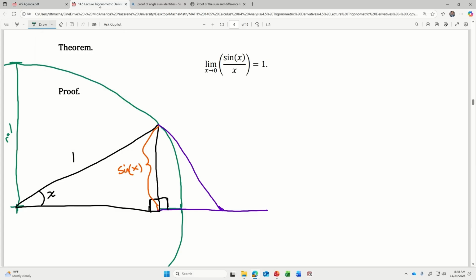Now, since this is a circle with radius 1, and I'm taking a little arc length out of the circle, right here in green, if x is an angle in radians, and radians, if you didn't know, is just by definition how many radiuses of the circle you're closing around, then the radius is 1, and that means the length of this green arc is x.